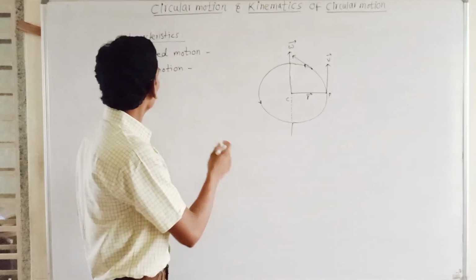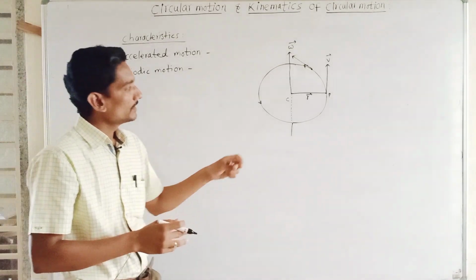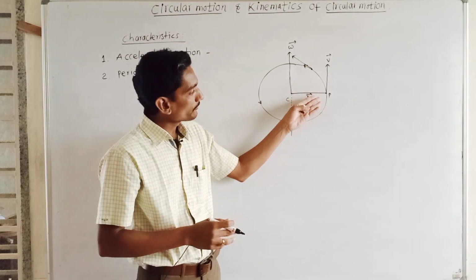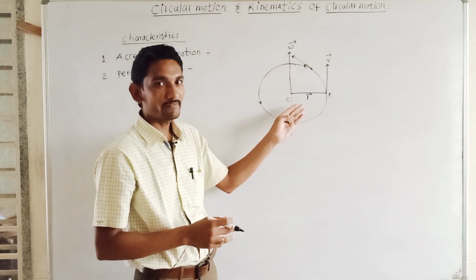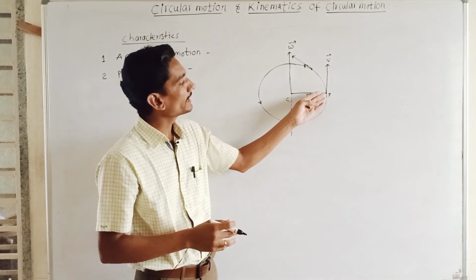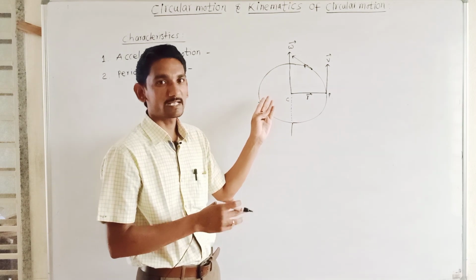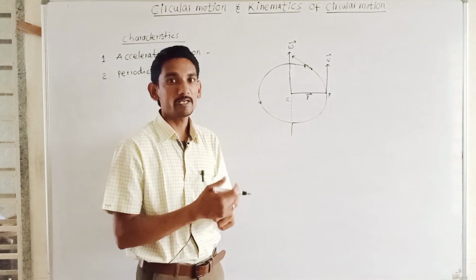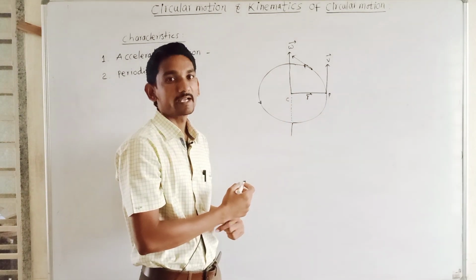Second thing, circular motion is periodic motion. The particle is performing circular motion on this circular track. If it is moving again and again along this circular track, then we can say that it is periodic. Periodic means it repeats its path again and again.